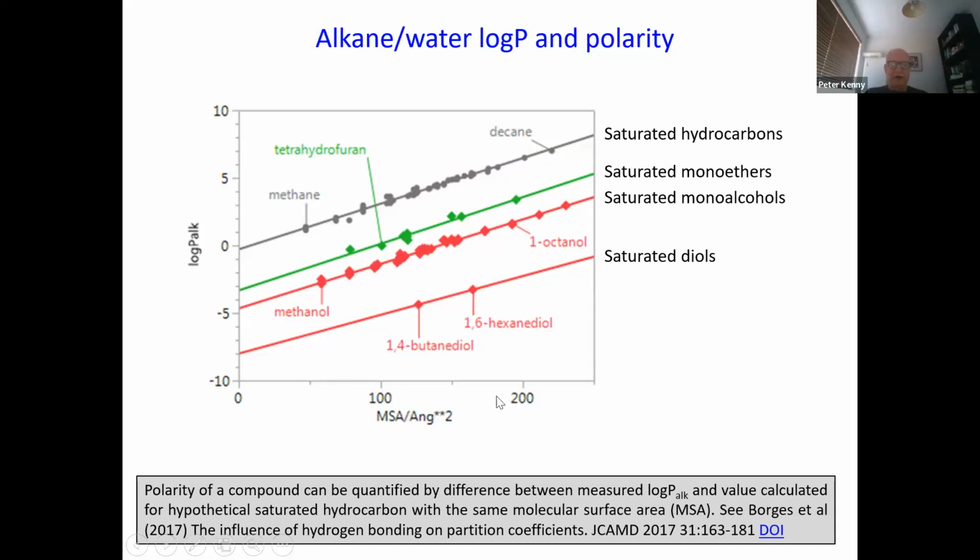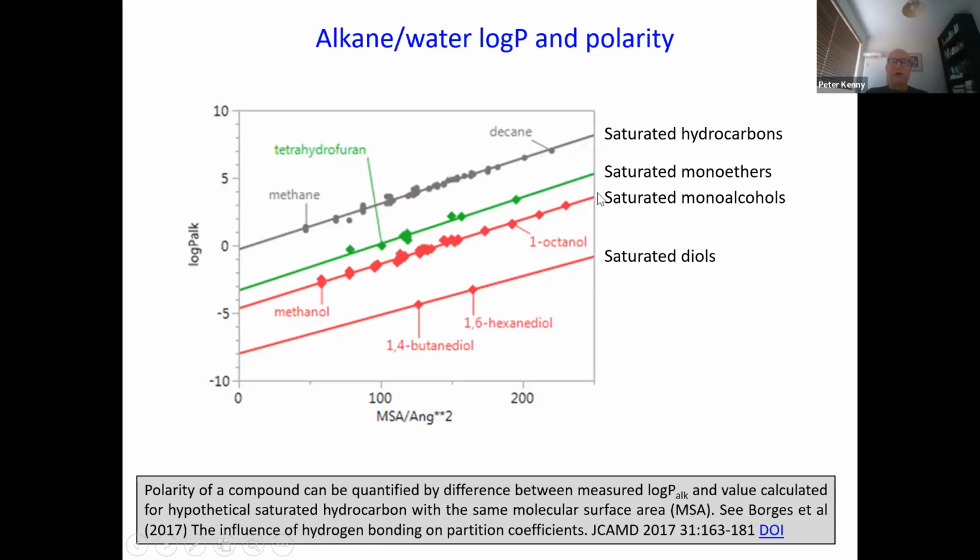Now this is molecular surface area, not polar surface area. I want you to look at this line first, which is the line for the alkanes. If you plot the alkane-water partition coefficient for alkanes, you get a pretty good straight line. Certainly if I got my models for bioactivity looking that good, I'd be very, very pleased indeed.